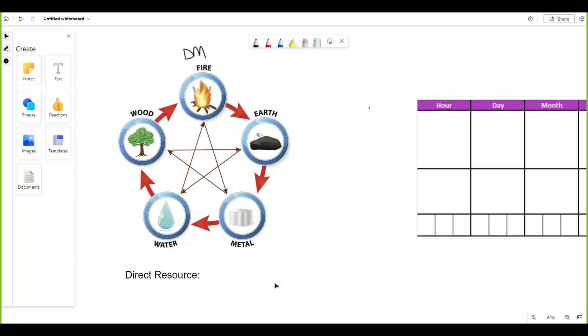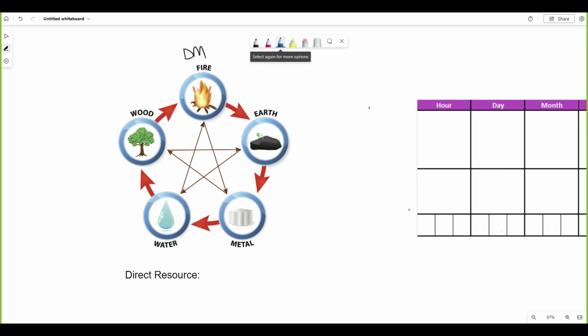Direct resource in this illustration will be the wood, and direct resource will be of opposite polarity. So if it is a yin fire day master, then it will be the yin wood element that produces the day master.